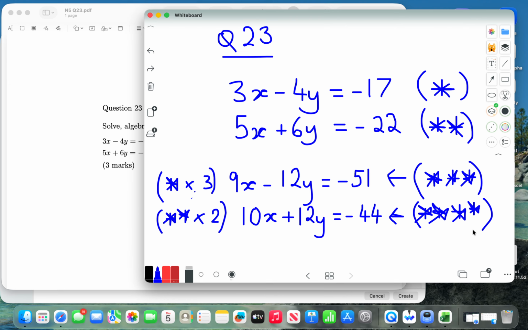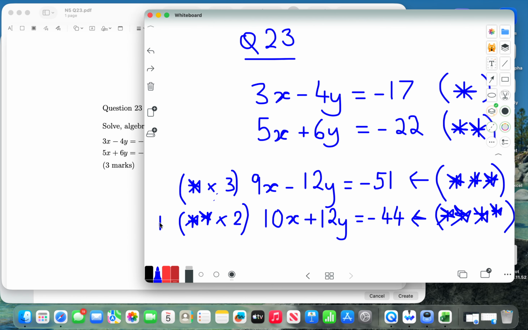So we have to either add or take away these equations from each other. If the two signs in front of the 12 are the same, you have to subtract, but if they're different, you add, because if you add them, the plus 12y and the minus 12y are annihilated or cancelled out.